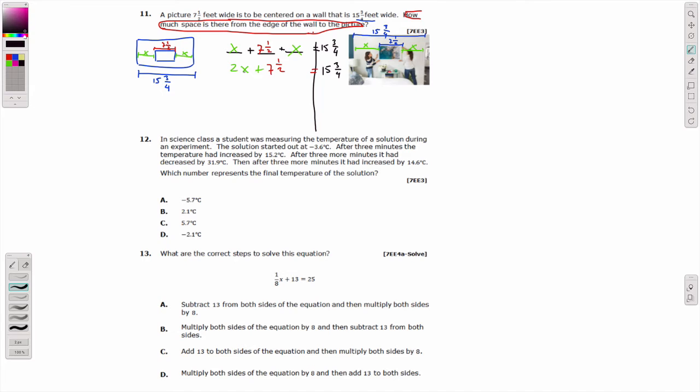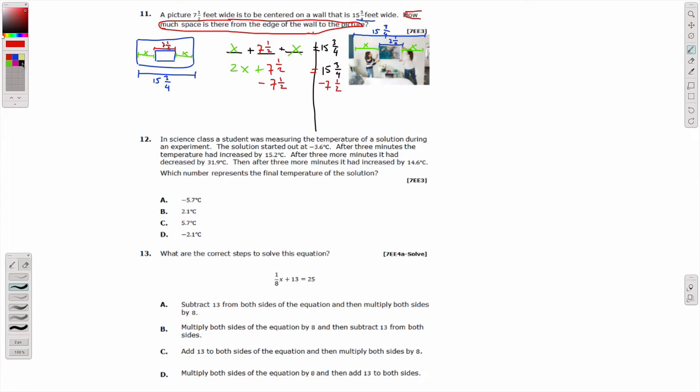I want to know what 1x is. So I have to make 1x plus 0. Step 1 is to make 0. I've got 7.5. I need to subtract 7.5 on both sides. I make 0 by subtracting or adding the opposite. 7 1/2 on both sides, minus 7 1/2.